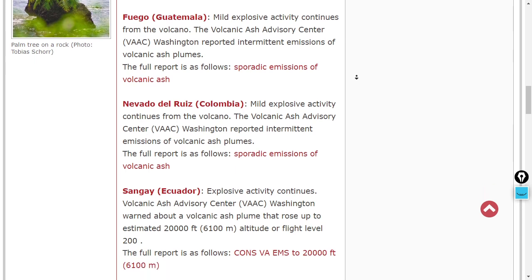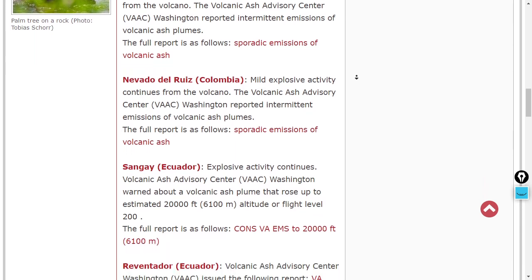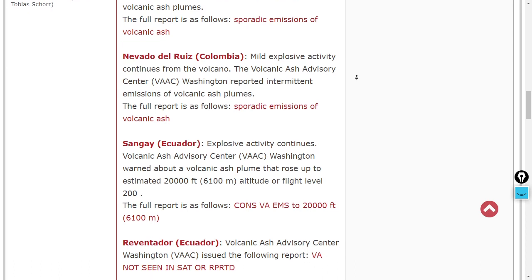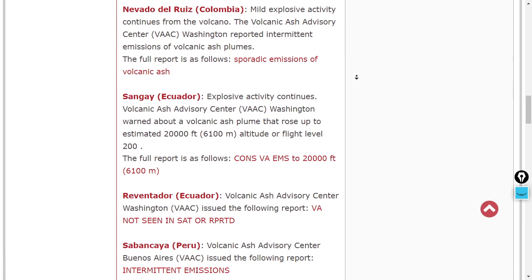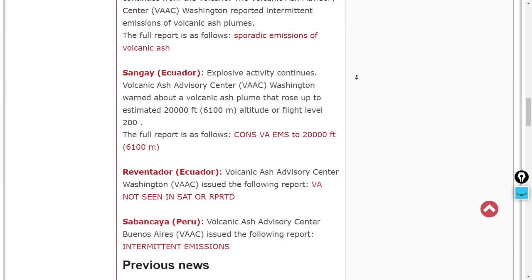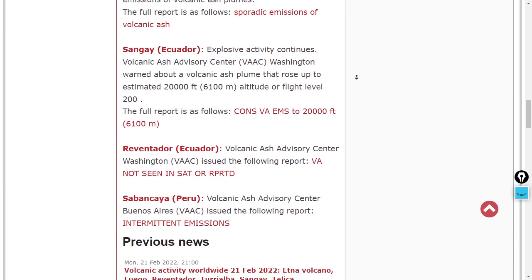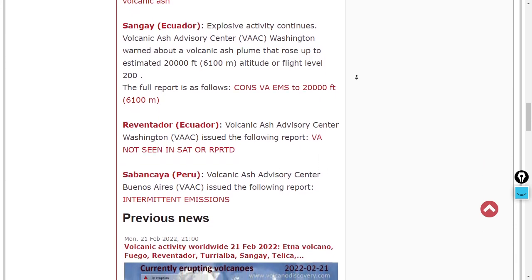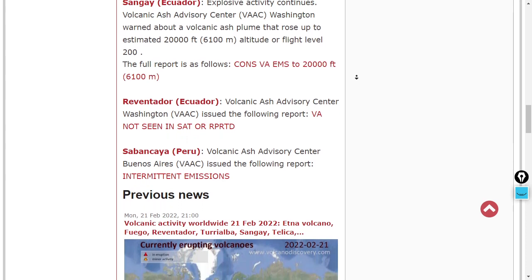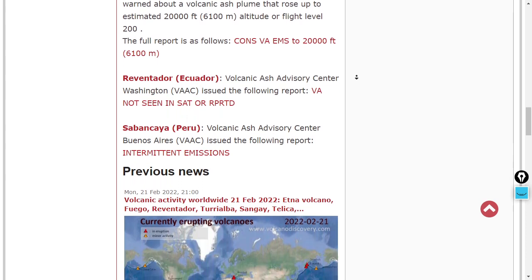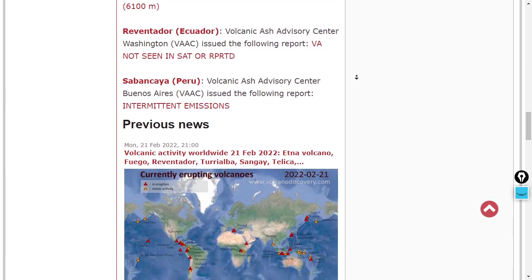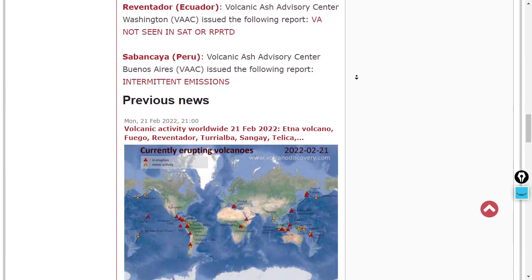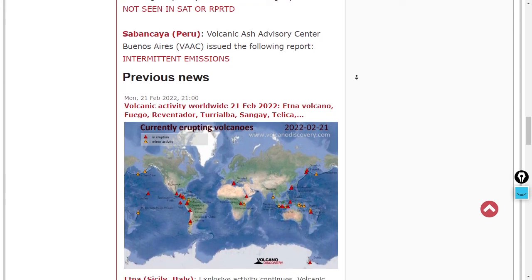I don't know what's mild about a volcanic explosion. Please do not fly your hang glider or wingsuit over Nevado del Ruiz. Sangay exploding, 20,000 foot ash plume over Ecuador. Volcanic ash not seen in satellite or reported over Reventador in Ecuador, so at least Sangay producing a 20,000 foot plume of volcanic ash. Reventador may be erupting as well. And Sabancaya intermittent emissions are a reminder to not pole vault the caldera.